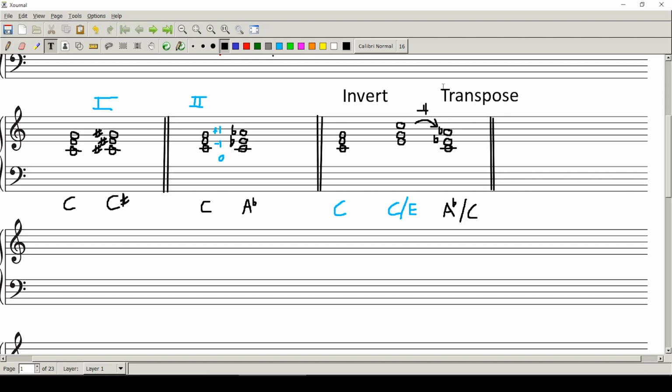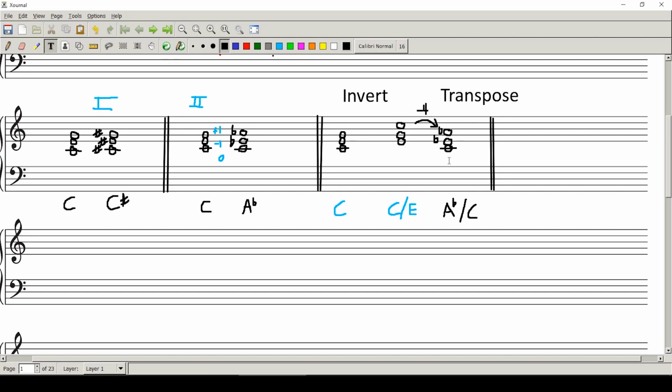But let's not call this process an inversion, because actually what we're doing is we're kind of thinking about the modes of the triad. That is, C major and A flat over C are sort of like the first and second modes of the triad if you imagine the triad as just a 3-note scale.